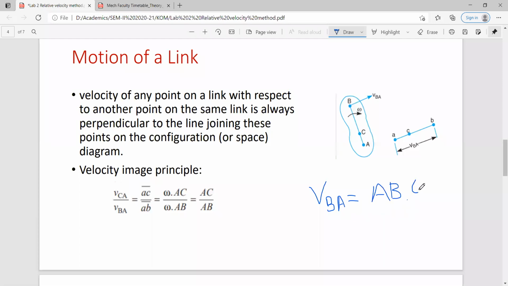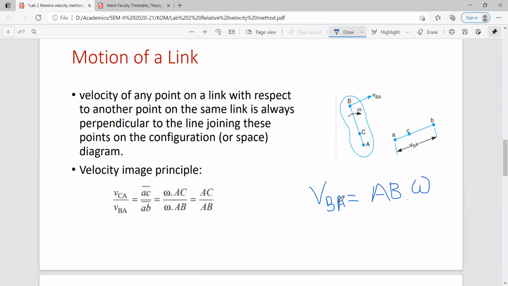Then what is the angular velocity of the link on which this point is present, point B or point A? So angular velocity of that particular link. This way you will find the magnitude. For direction, I have given you the hint that it will be perpendicular to the line which is joining these 2 points. Okay, so once you know the magnitude and direction, you can proceed to draw the vector.